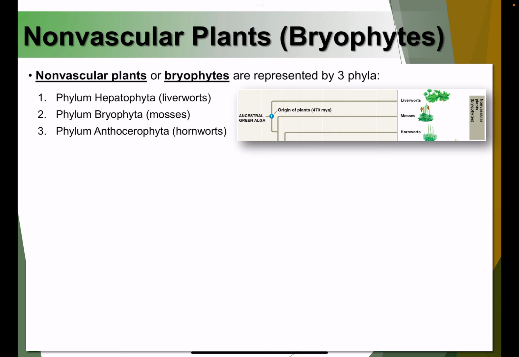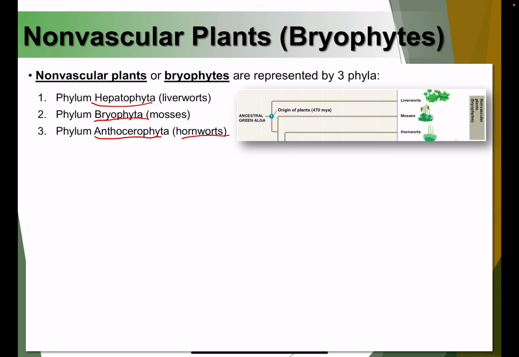All right, so let's start by talking about non-vascular plants, or the bryophytes. They are represented by three phyla: phylum Hepatophyta, whose common name is liverworts; the second is phylum Bryophyta, whose common name is mosses; and thirdly, phylum Anthocerophyta, whose common name is hornworts.